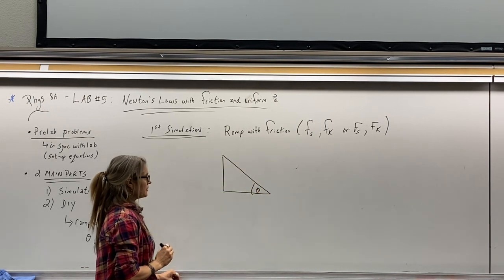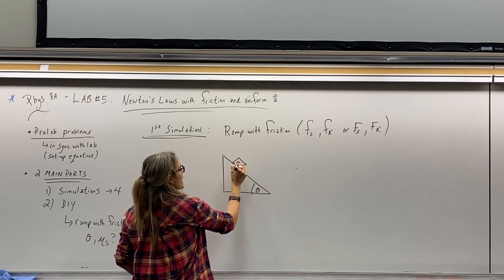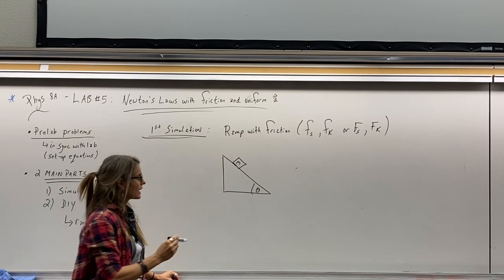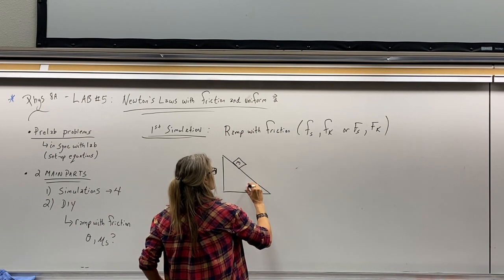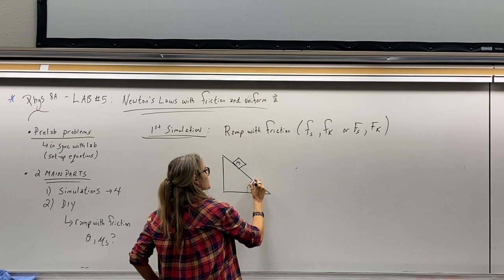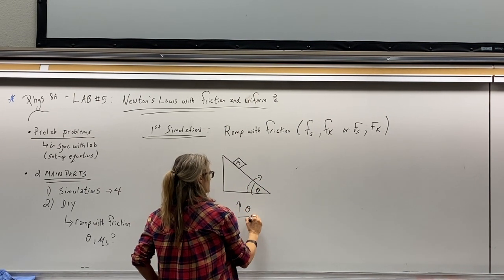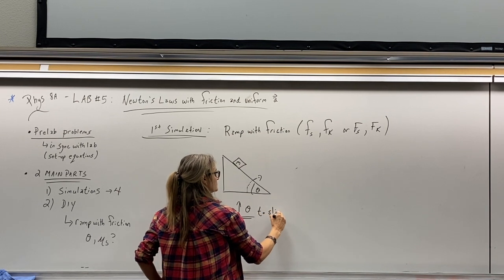Okay? So in this ramp with friction, we have our incline angle, and we have an object on it, a mass, and the idea is, if this is stuck at a certain angle, we want to know how much we need to increase our angle to slip. Okay.